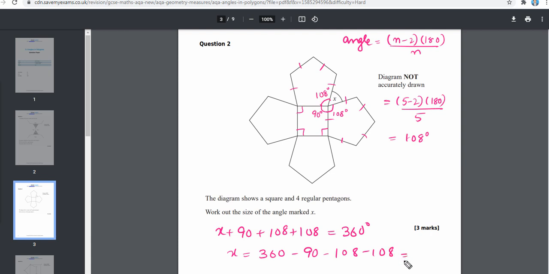Once I subtract them, I'll get the value of X. So the answer will be equal to 54. So the value of X for this figure will be equal to 54 degrees. This is how we will use the formula for the sum of angles in a polygon, or simply angle in a polygon, to work out the unknown variables. So this is it for the angles in polygons.